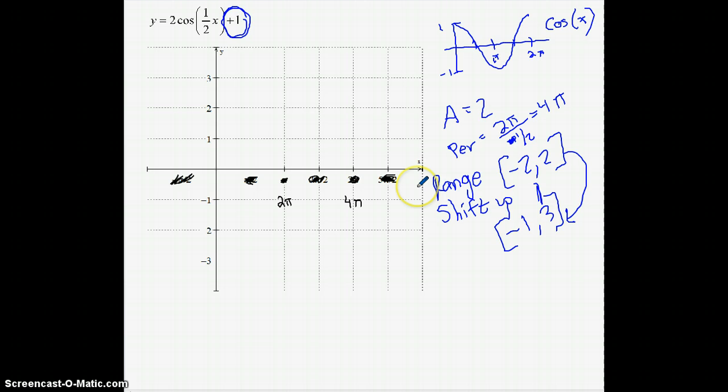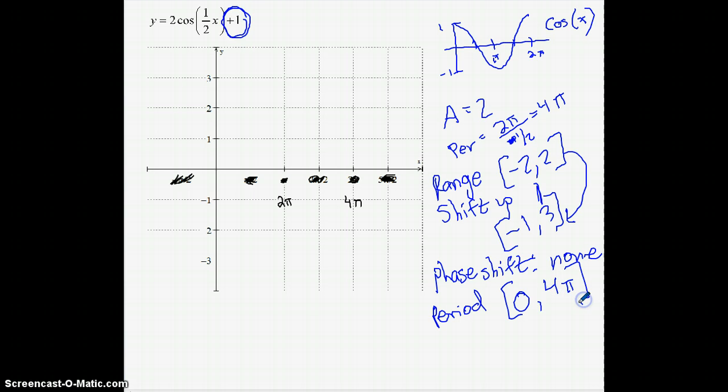So let's see how this is going to look. There's a cosine graph. Okay, there's no phase shift here. So we're going to draw a period from 0 to 4 pi instead of 0 to 2 pi.